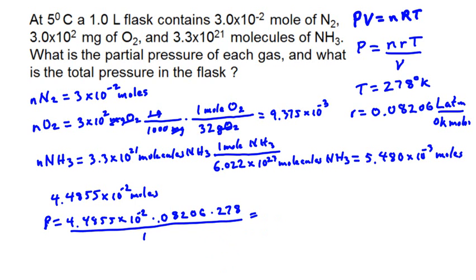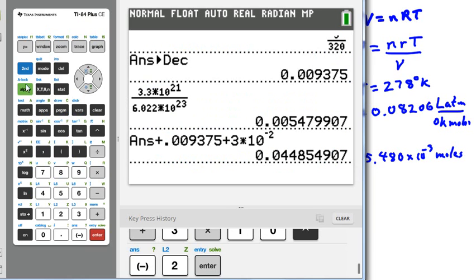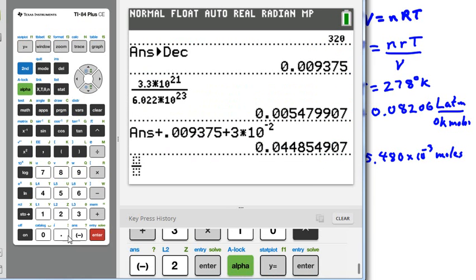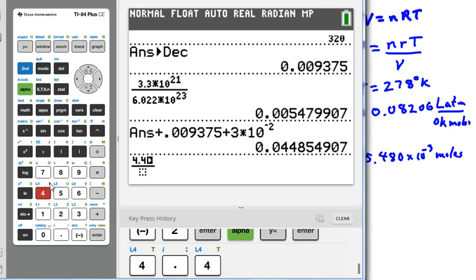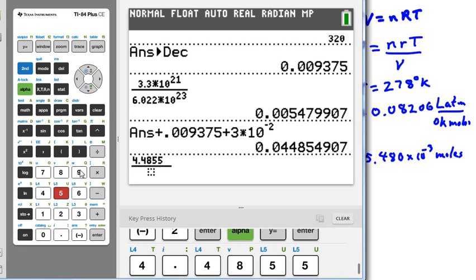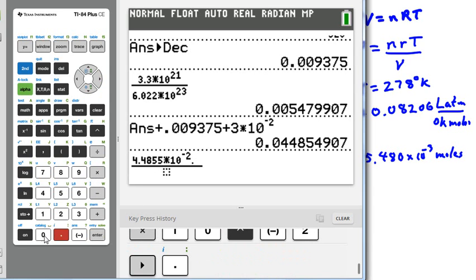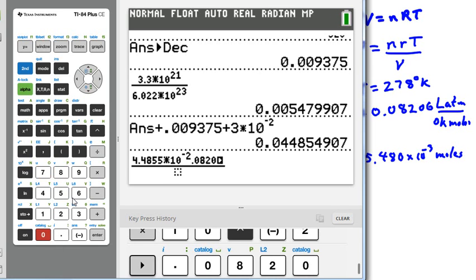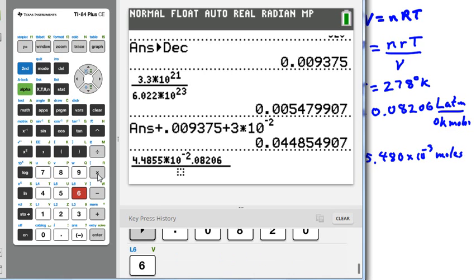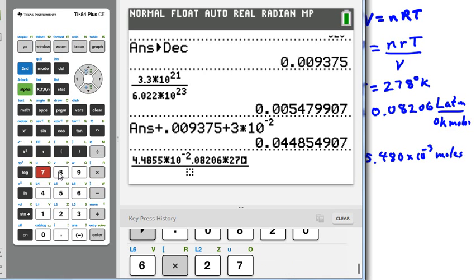And so just putting that in the calculator, we have 4.4855 times 10 to the negative 2 power, and we're going to multiply that by our universal gas constant, 0.08206, and times our temperature, 278 degrees Kelvin, and divide that by 1.